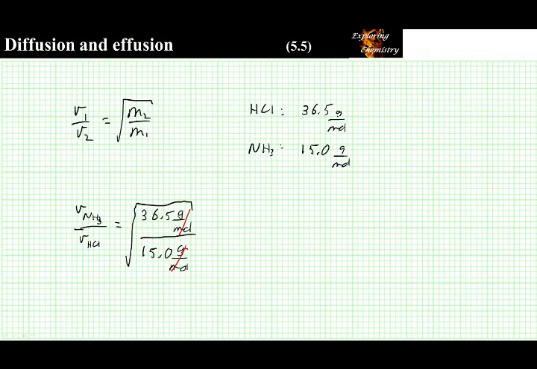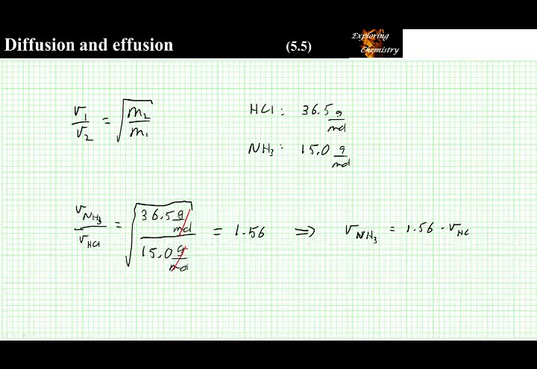The units cancel, and mathematically, this is 1.56. And so when we rearrange it, we find that the velocity of NH3 gas molecules is, on average, 1.56 times the velocity of HCl molecules.